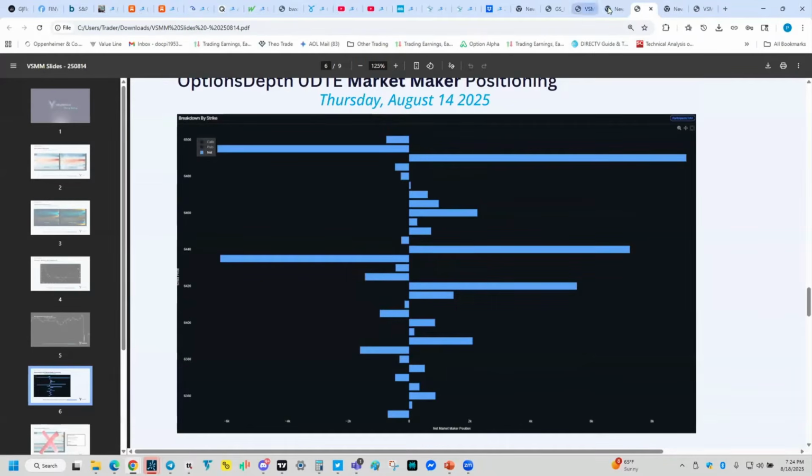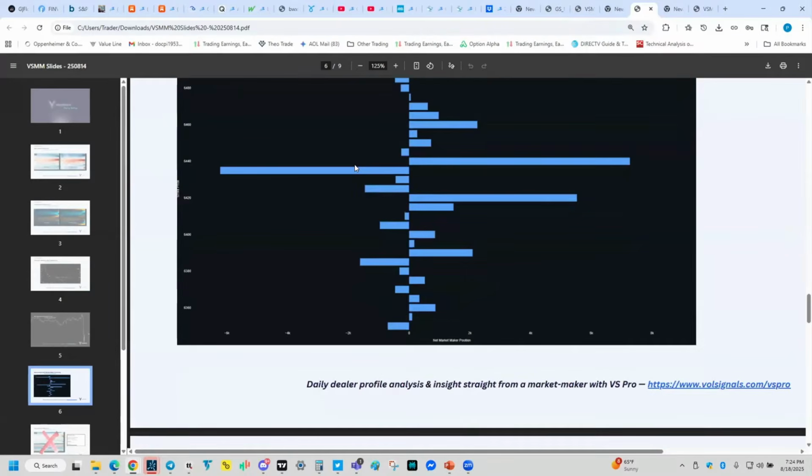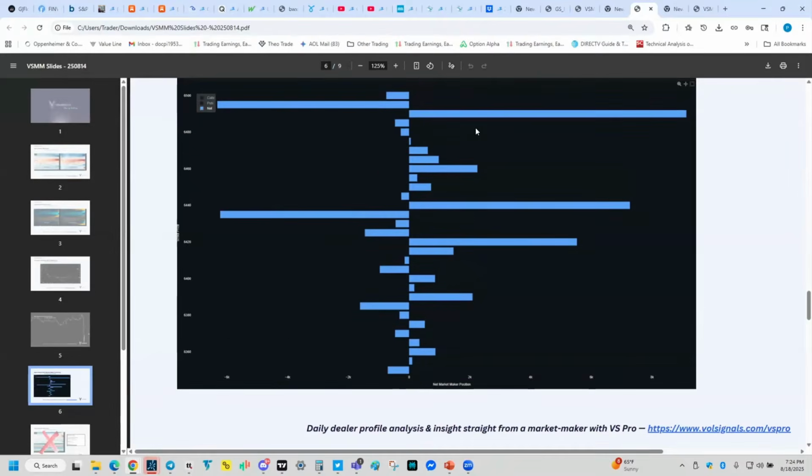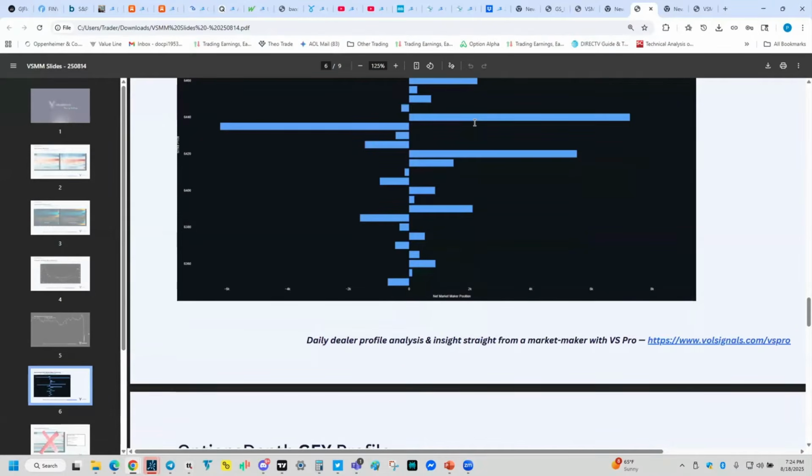Now, let me just pick a different day. I know you were talking about butterflies. So let's talk about butterflies for a minute. And let's just say that this wasn't here, that this was the structure for the day. I see it's going to bounce between here and here, right? Bounces off of here, then bounces off of here.